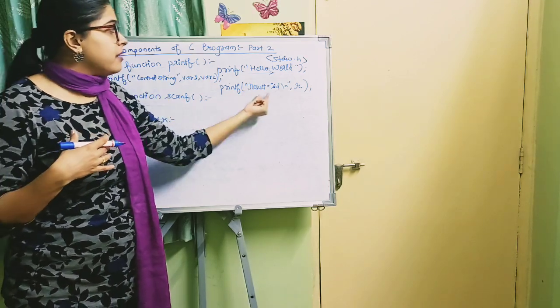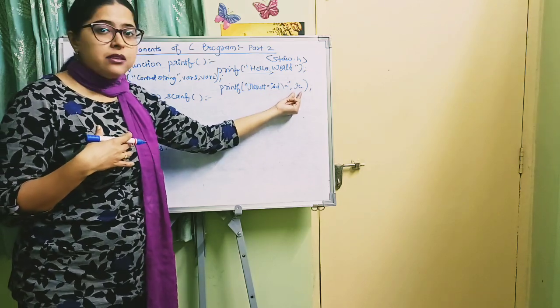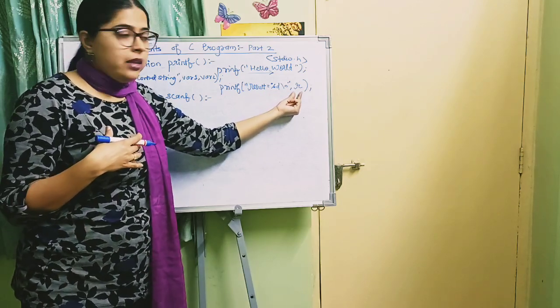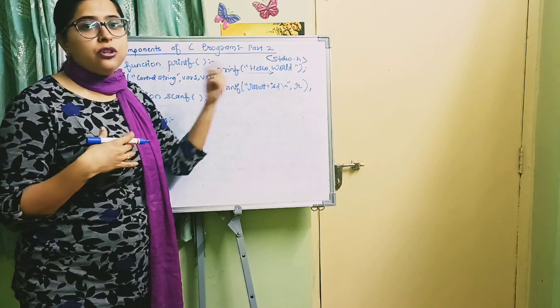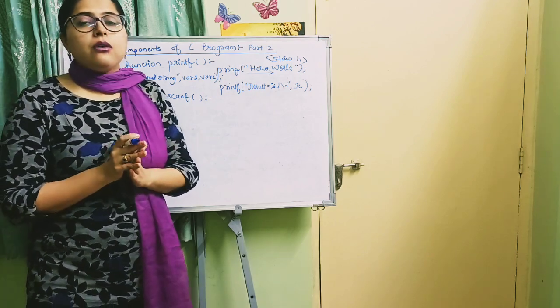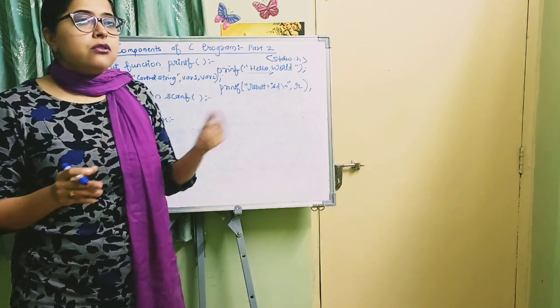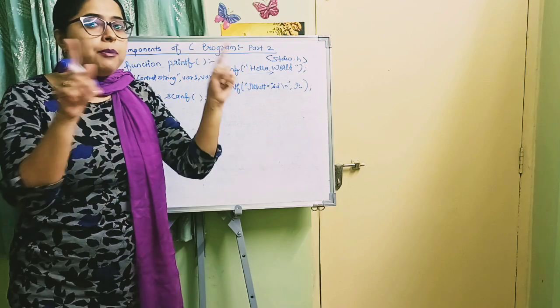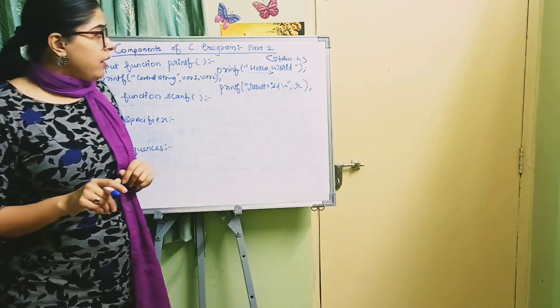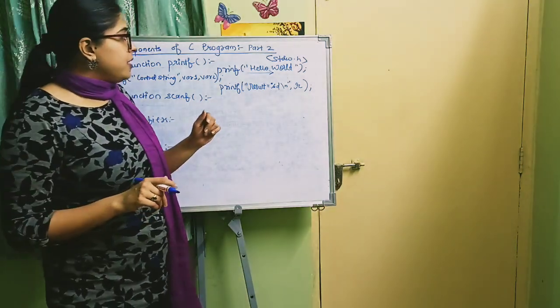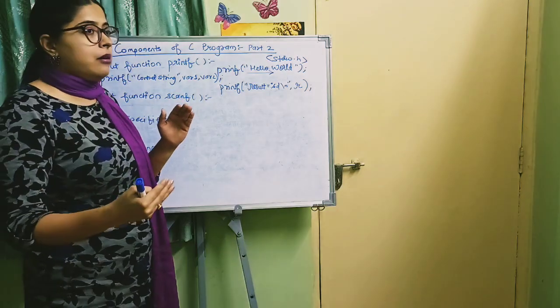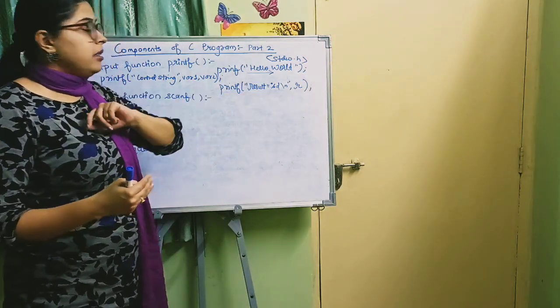It will print result equal to, and whatever the value of r is will be printed instead of %d. Suppose the result of 4 and 5 is 9. So result equal to 9 will be printed on your output screen. Clear? So it will print your result in this manner.